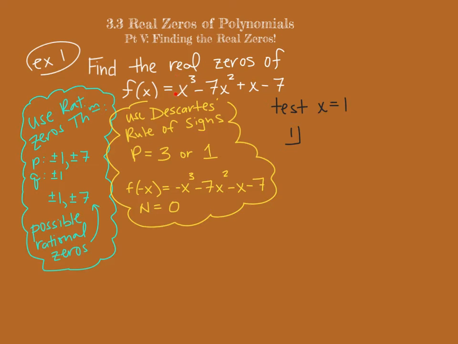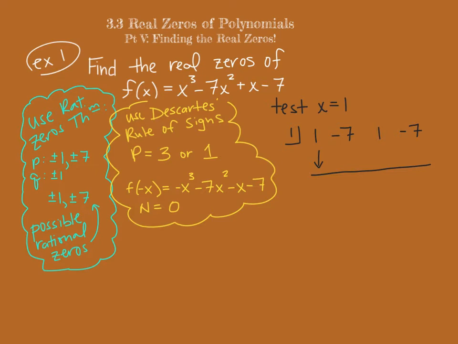That means we're going to put 1 in the corner and do synthetic division. So we use all of our coefficients, 1, -7, 1, and -7. We do not have any missing terms here, so we don't need to put in any zero placeholders. Remember, a number is a root if we get a remainder of 0. That means it fit in perfectly.